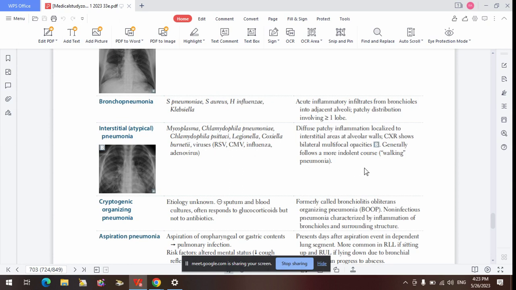It's also known as walking pneumonia because this form of pneumonia is very indolent. It's not severe. You can have a person with this x-ray pattern who is still walking, not bedridden. It shows that it's very mild compared to the other types, because someone with bronchial or lobar pneumonia will be coughing madly and dyspneic, and you might want to admit them.